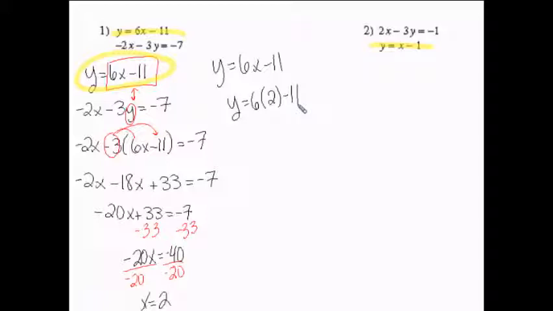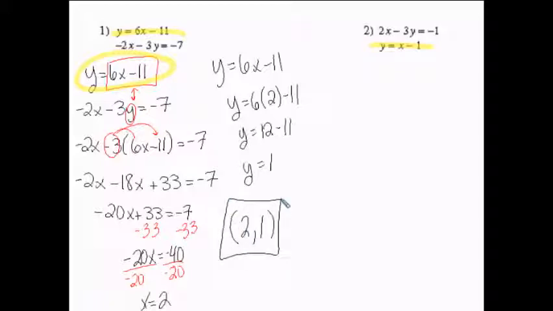X is worth 2. So y equals 12 minus 11, so that tells me that y is worth 1. And so my answer is (x, y) = (2, 1). If I were to graph this, this is the point where the two lines would have crossed.